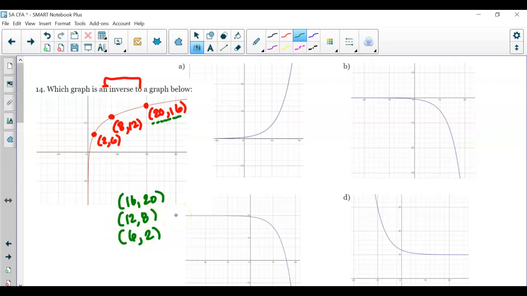Now I can start plotting to see which of these graphs have these coordinates. Here, 10, 12, 14, 16, 20 is on the graph. 12, 8 is on the graph. 4, 6, 2 is on the graph. So that's why A represented the inverse of our graph here.